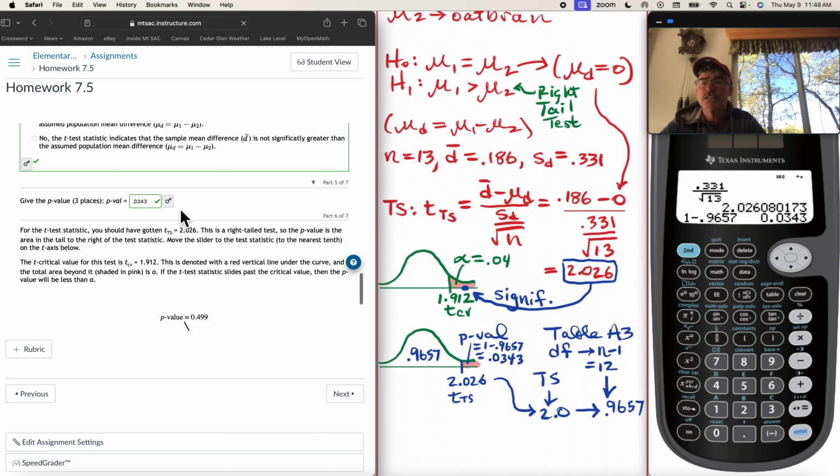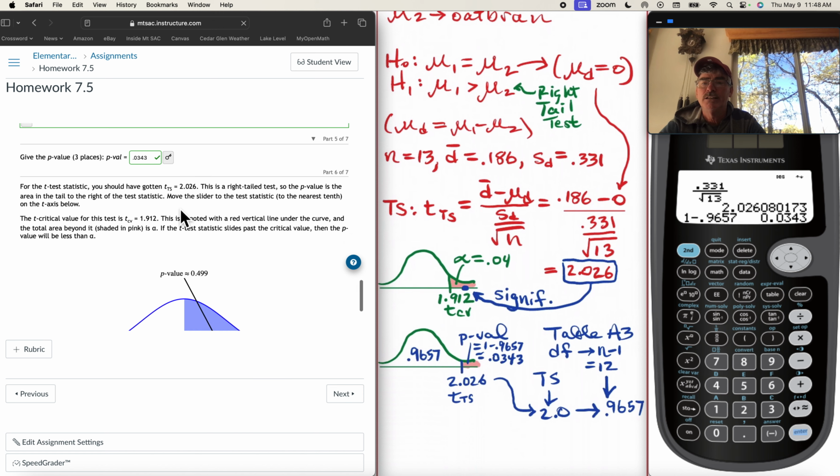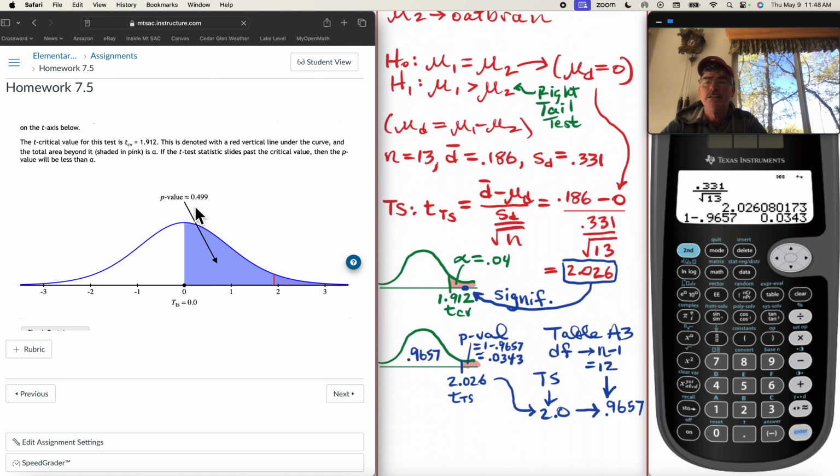I'll once again emphasize that the software I was using to make these is not really precise. The software is trying to compute the p-value, but it's not the most precise software, and there's nothing I can do about that. So the test statistic, we want to put in, to the nearest tenth, I guess.